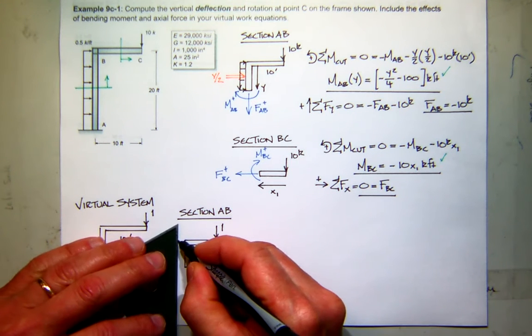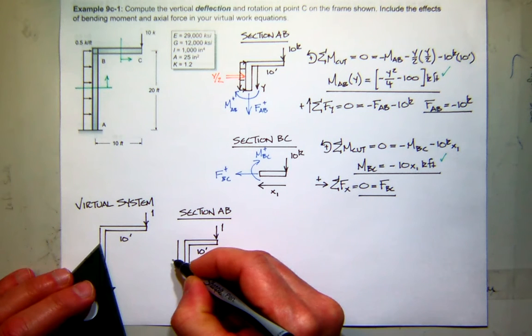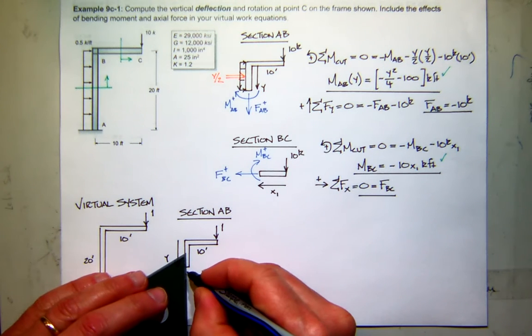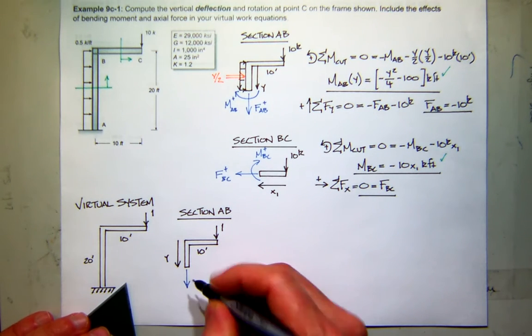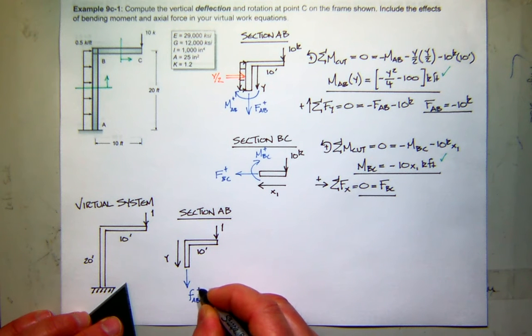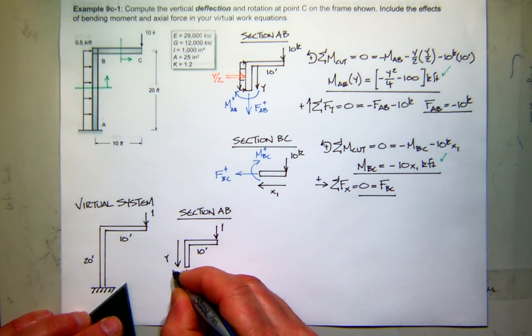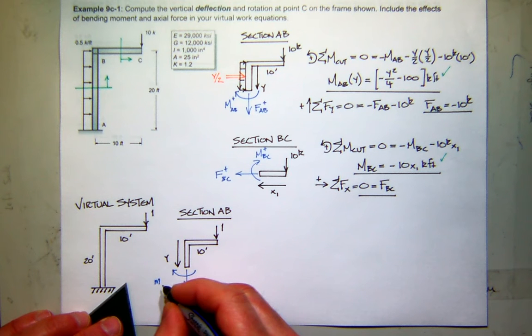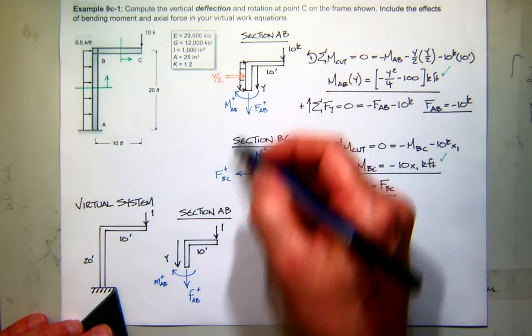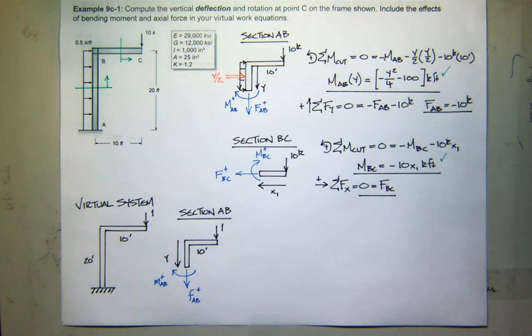I'm still going to measure the y direction down. And I'm still going to have a virtual force, which I'll call lowercase f AB, positive. And I'll have my virtual moment, lowercase m AB, also positive. They have to be in the same system as I chose before.